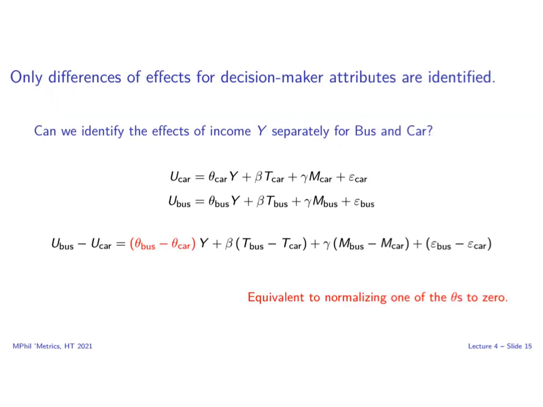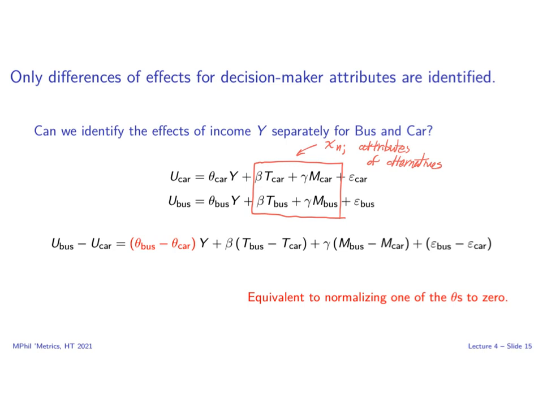Our car versus bus example thus far contains only attributes that vary depending on whether Alice travels by bus or car, the time and money costs of these two alternatives for Alice. In the language of our earlier video, these are attributes x_nj of the alternatives. So what happens if we include an attribute s_n of the decision maker?